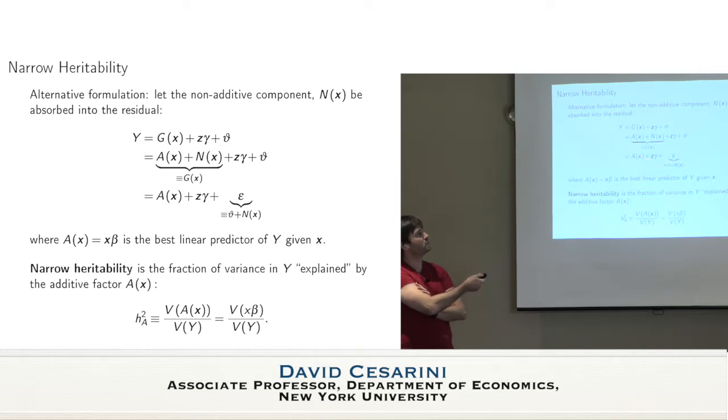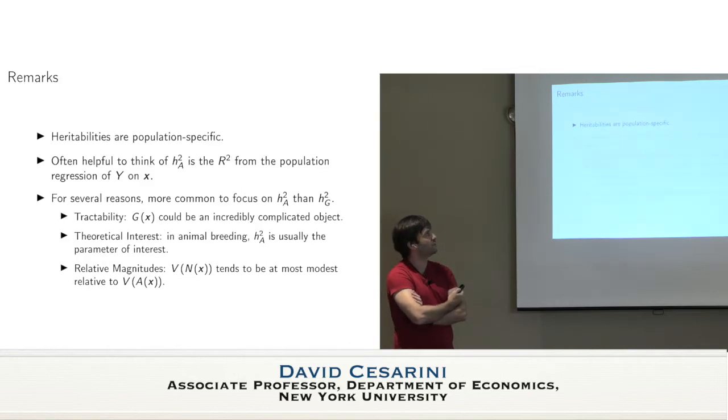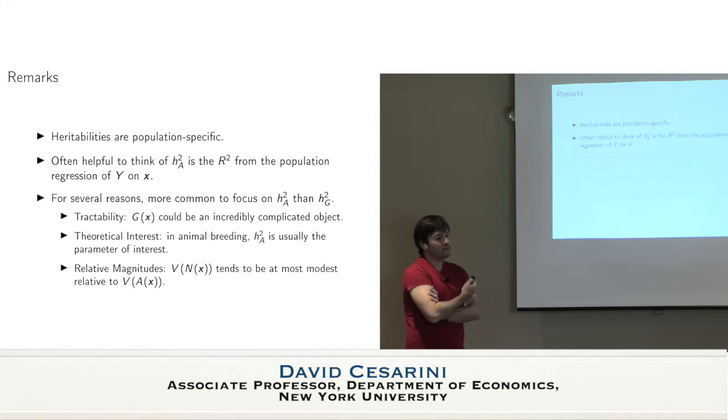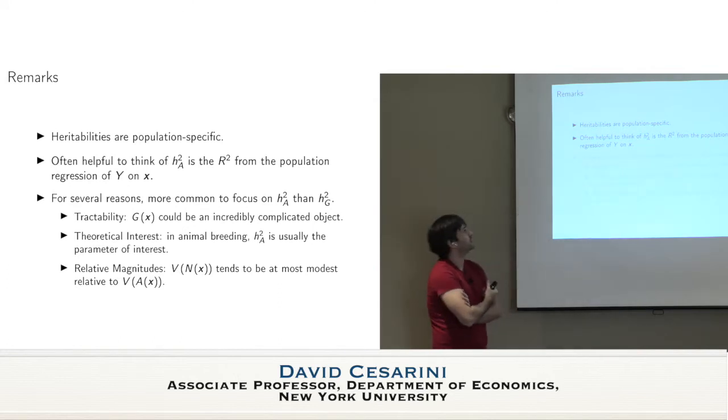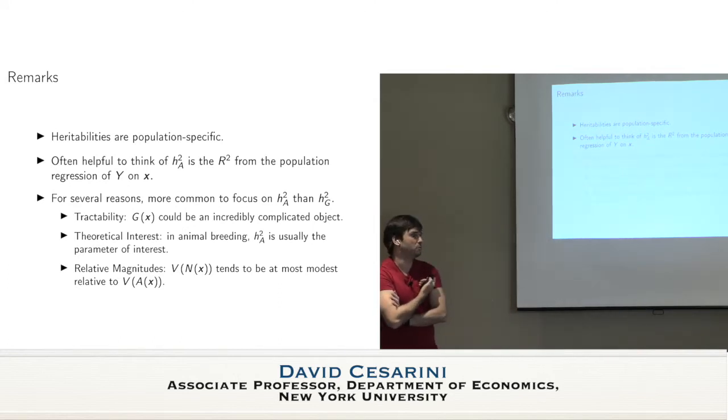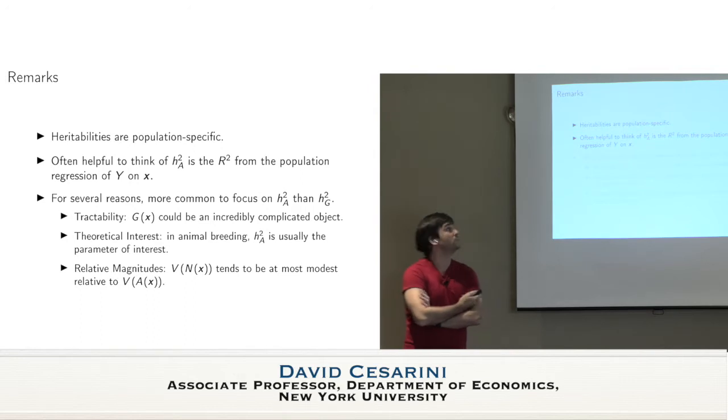You're going to get some additional predictive power if your a(x) is correlated with z and stuff that maybe goes in the residual, though that's probably not a concern. So it can be helpful to think of the narrow heritability as the R-squared from a population regression, but realize that when you do that, you're most likely making an additional assumption.